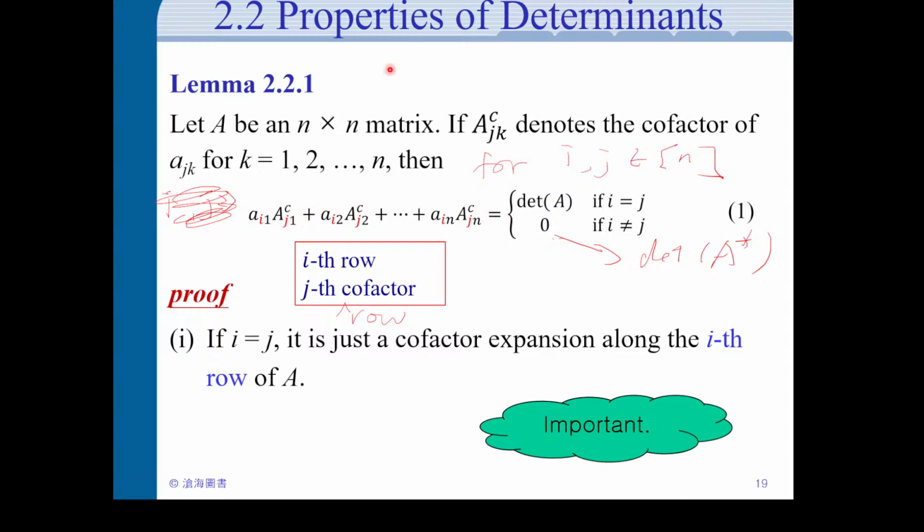If i equals j, this is a covector expansion on the ith row, and so that's the determinant of A. Then what's interesting is when i does not equal j. It equals 0 because you can think of this as the covector expansion of another matrix A star.